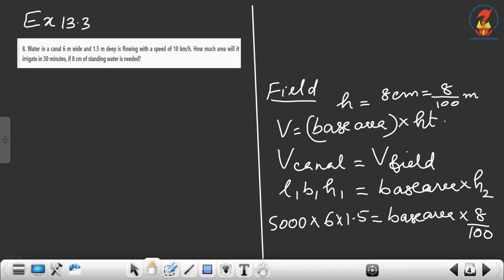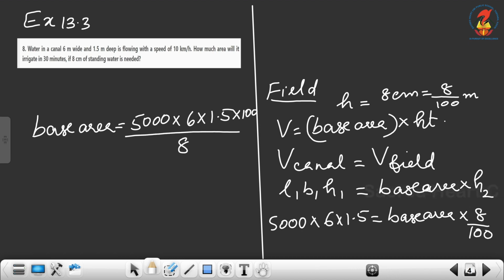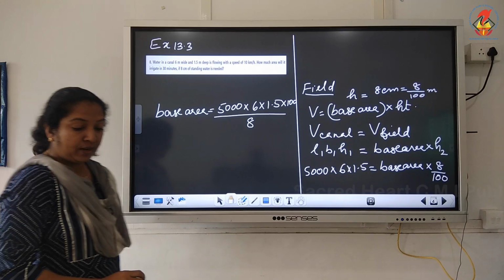From here you have to find the base area. Base area is equal to 5,000 into 6 into 1.5 into 100 divided by 8, which you can find. You can find the final answer.